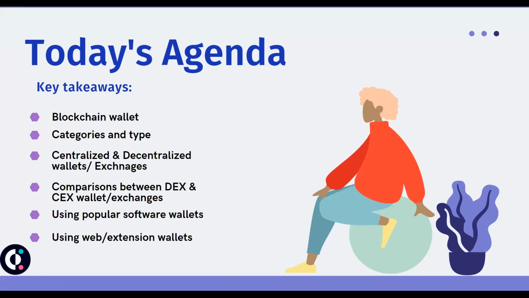Like I said before, the opportunities you can get in the space. And also we talked about the history of blockchain and Bitcoin. So now for today, we're going to be talking majorly on these few things you can see on the screen.